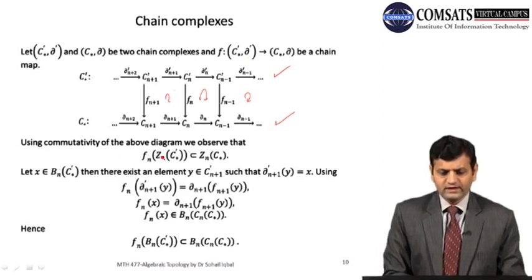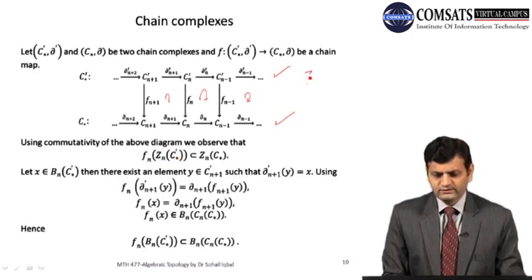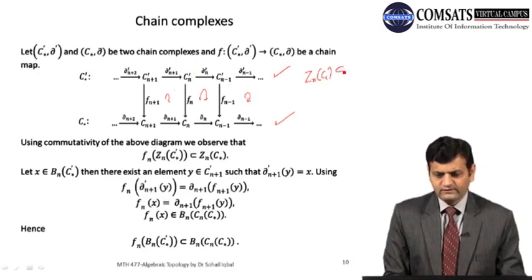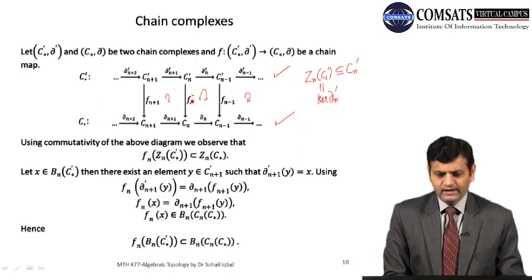Observe that Zn of C star prime lives inside Cn prime, and it is equal to the kernel of partial n prime. When I apply Fn on this, it is contained in Zn of C star.